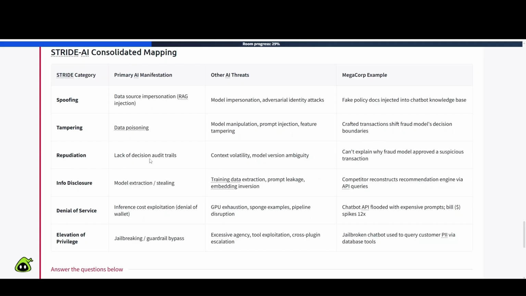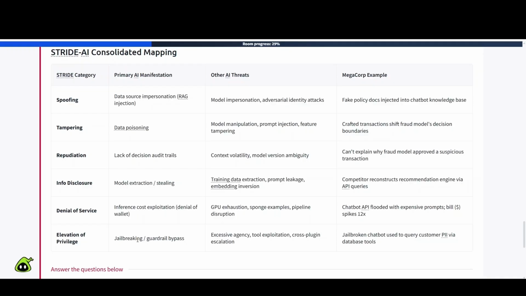Repudiation: lack of decision audit trails, context volatility, model version ambiguity, can't explain why fraud model approved a suspicious transaction. Info disclosure: model extraction or stealing, training data extraction, prompt leakage, embedding inversion, competitor reconstructs recommendation engine via API queries. Denial of service: inference cost exploitation, denial of wallet, GPU exhaustion, sponge examples, pipeline disruption, chatbot API flooded with expensive prompts, bill spikes 12 times.